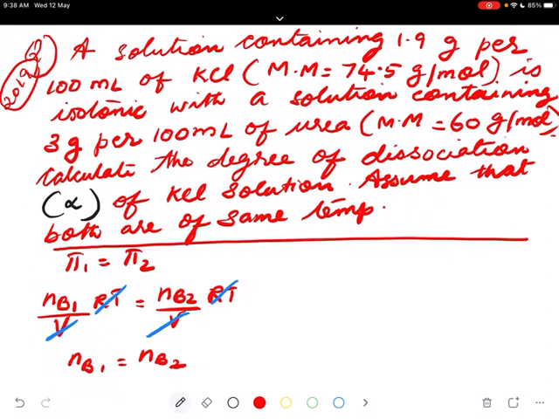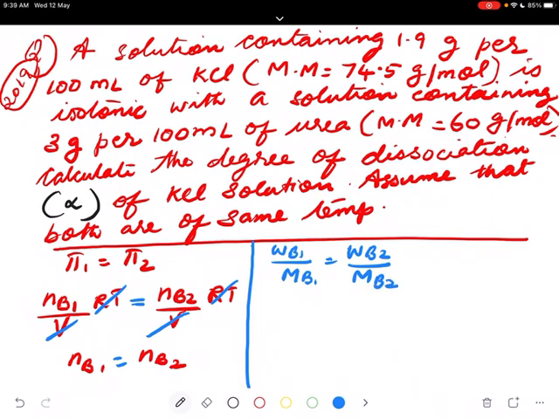Or you can put i for KCl, but then you have to give KCl with i. Now I am not doing that. Now what is n_B1? W_B1 upon M_B1 is equal to W_B2 upon M_B2.